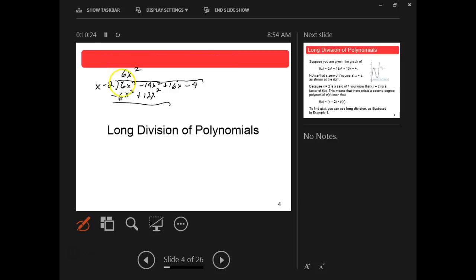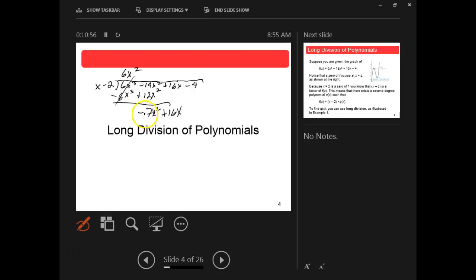Okay, so let's add. 6x cubed minus 6x cubed, 0. That's exactly what we wanted to happen. Minus 19x squared plus 12x squared would be negative 7x squared. And then bring down the plus 16x, bring the sign down with it. So see how similar it is to long division? It is long division.